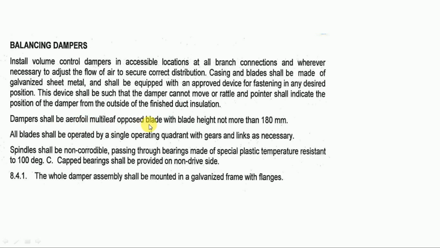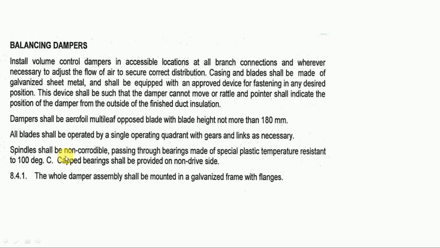Both of these parts we have covered already. So basically he needs an aerofoil type opposed blade VCD. All blades shall be operated by a single operating quadrant with the gears and links as necessary. That part also we covered. He is telling that there should be a single quadrant or a single handle with which we should be able to control all the blades in the damper.